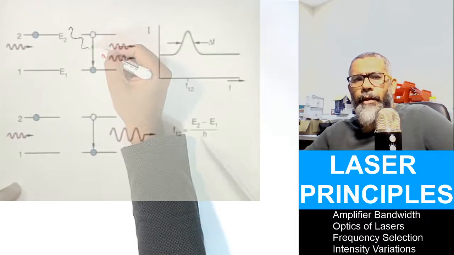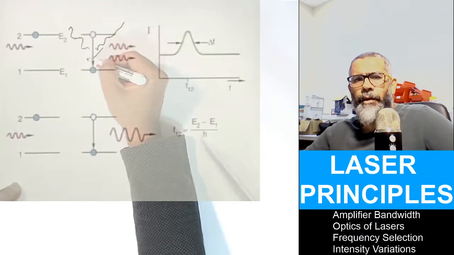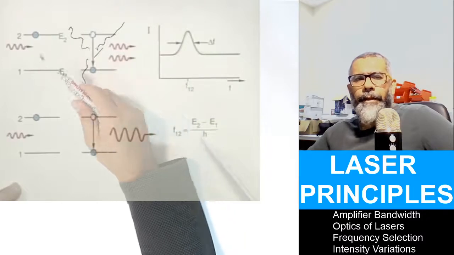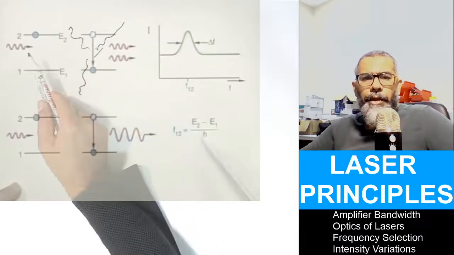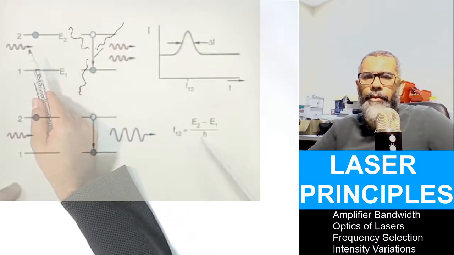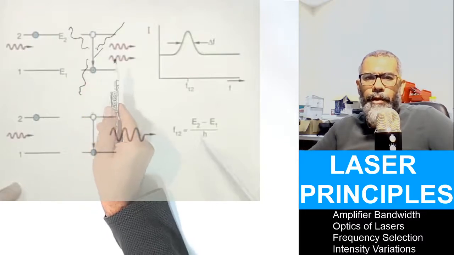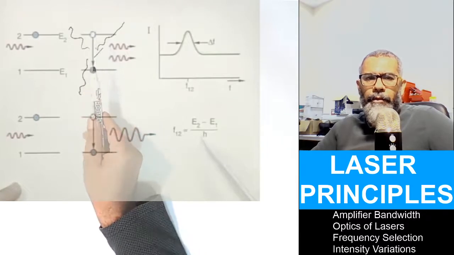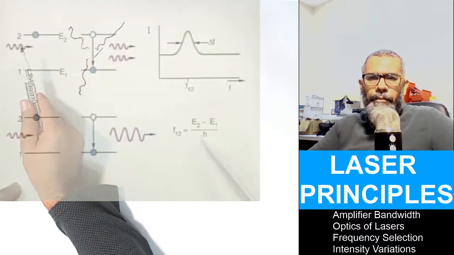It might go in this direction, it might go in this direction, it might go in this direction, etc. But what you see over here, the produced photon is going in the same direction as the previous photon. Let's say this photon is created by the electron coming down, and this photon is the incoming photon.